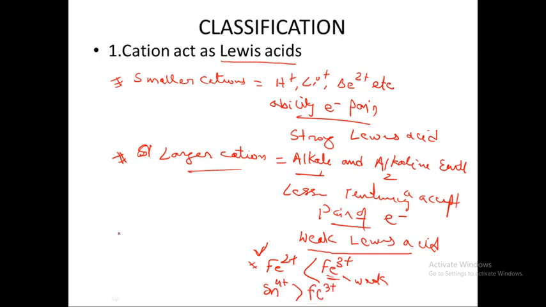Or you have another example, aluminum 2+ and aluminum 3+. The 3+ ion will be much stronger as compared to the 2+. So the cation also acts as a Lewis acid.